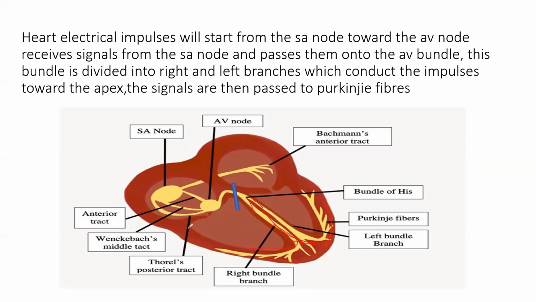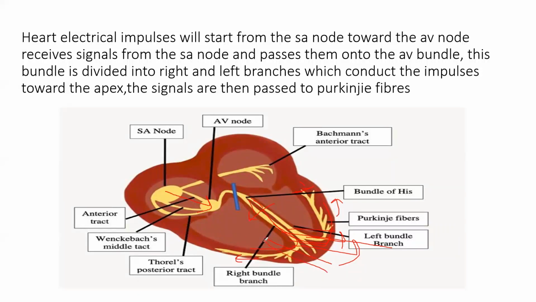So from now, where are the vectors? First from the SA node to the AV node, and then we'll go to the bundle, but we'll have this way. After that, we'll go to the apex. It will move this way because the wall of the left heart is thicker and stronger than the right heart. Then we'll slightly move upward to the Purkinje fibers.